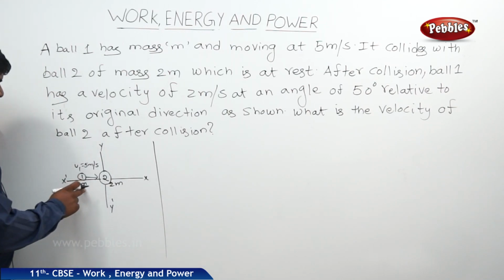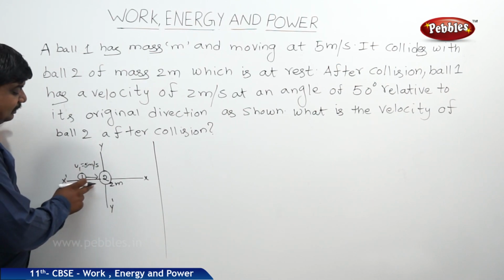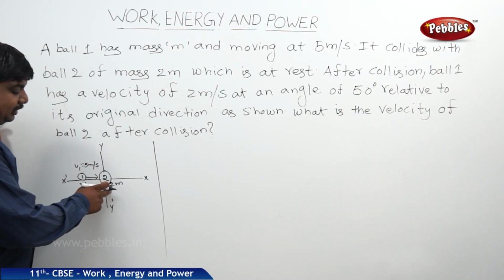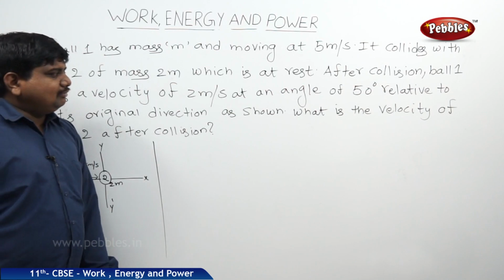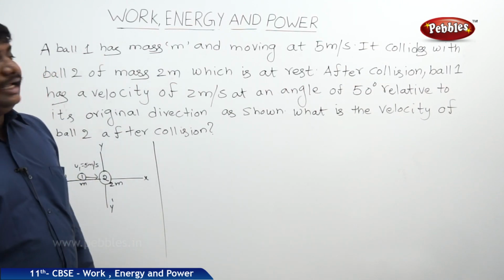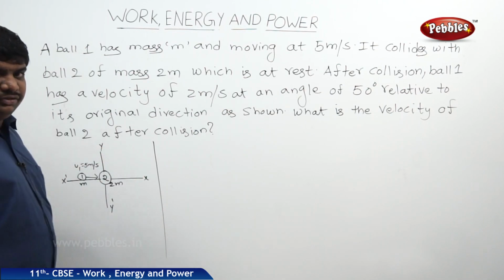So, this is the ball of mass m moving with velocity 5 meters per second ready to collide with the mass 2m. After that, it is moving with a velocity of 2 meters per second at an angle 50 degrees. Then what is the velocity of ball 2 after the collision? We should find out.